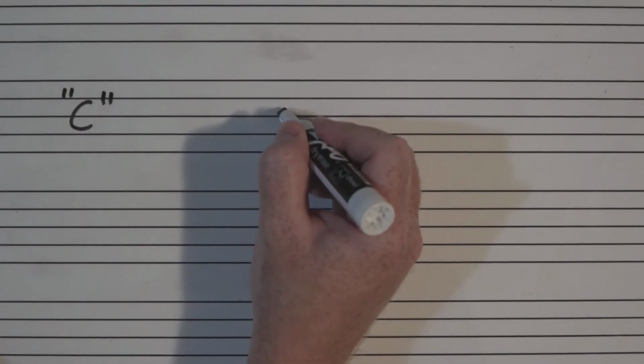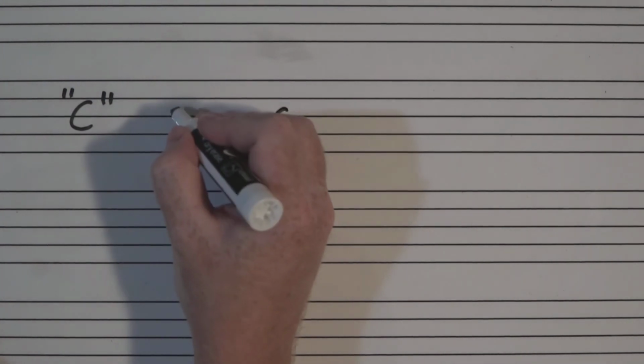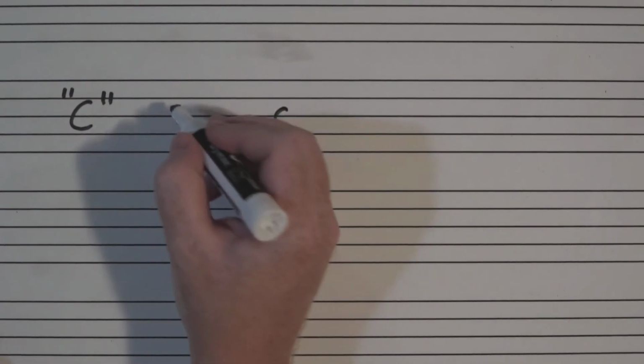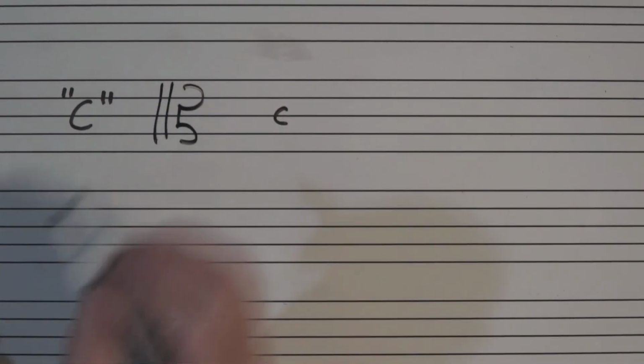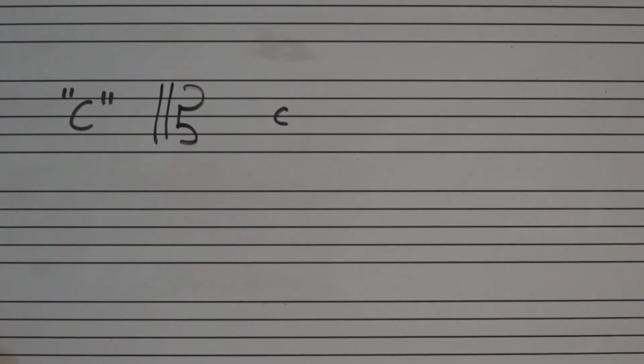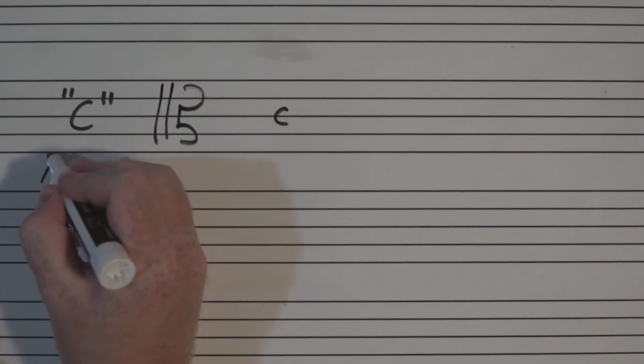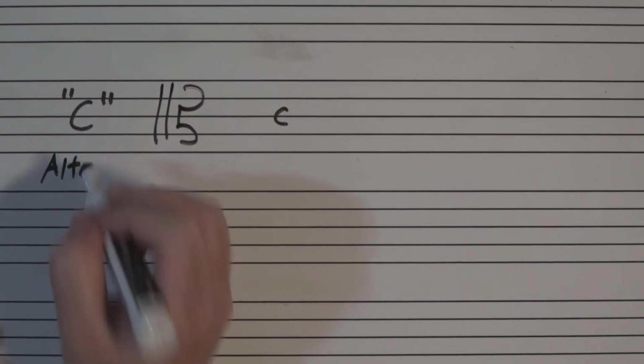And what the C clef looks like is you take that middle line, which we are going to call C, put a little line, and then 2 backwards C's. This is also called the alto clef.